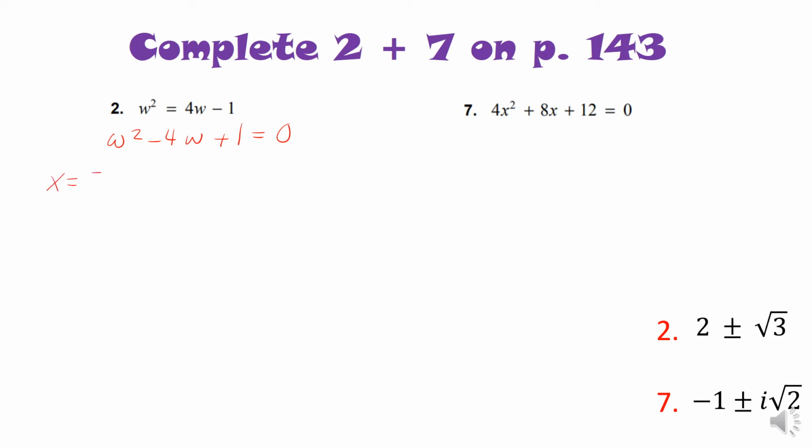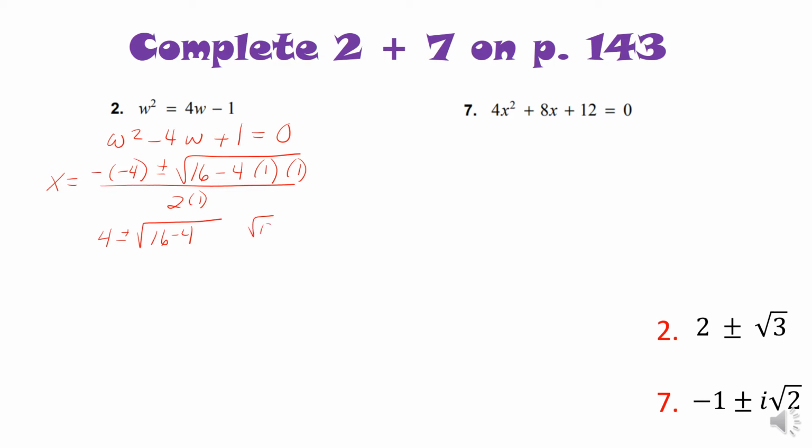X equals negative b, so that's going to be negative negative 4, plus or minus the square root of b squared would be 16 minus 4 times a times c, all over 2a. So that's going to be positive 4 plus or minus the square root of 16 minus 4, which is 12, okay, just remember that, all over 2.